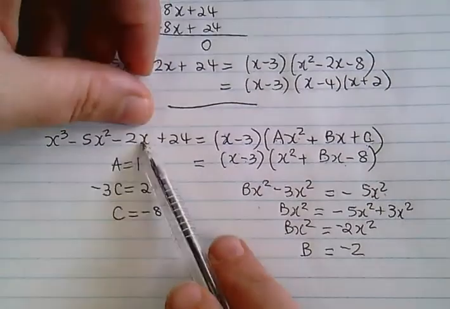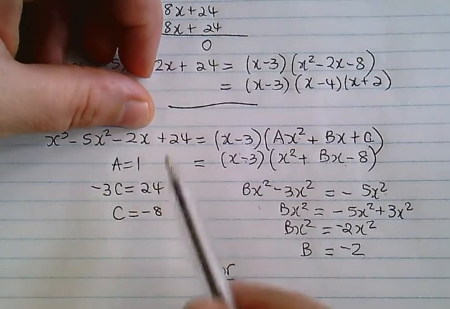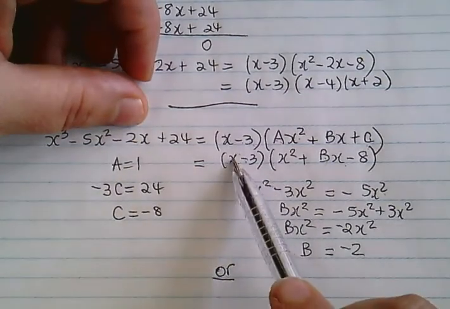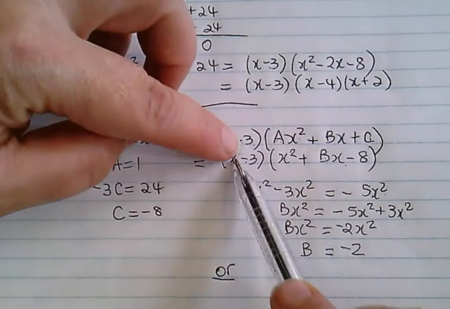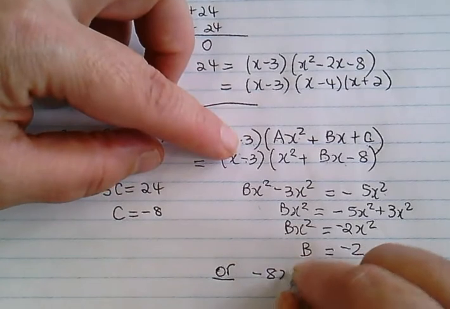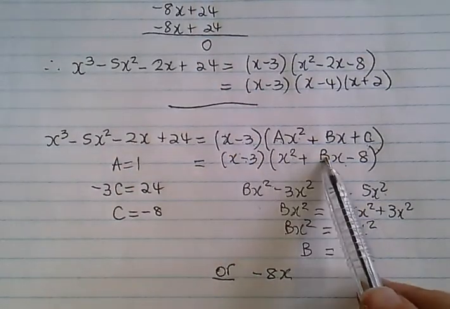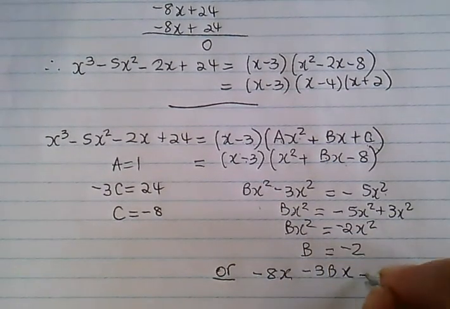I could have also equated the other way. I could have worked out what b is by working out my x terms. Where do my x terms come from? Not from x times x squared, not from x times bx, but from x times negative 8. So I've got negative 8x, and negative 3 times bx is my other x term.